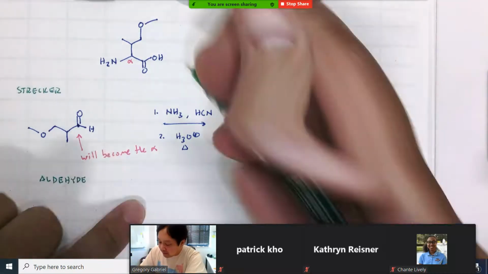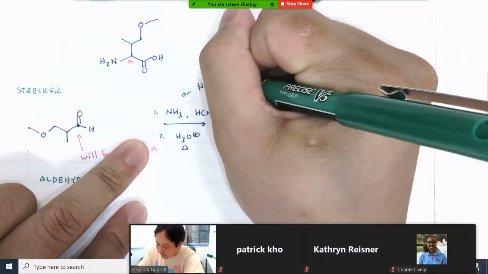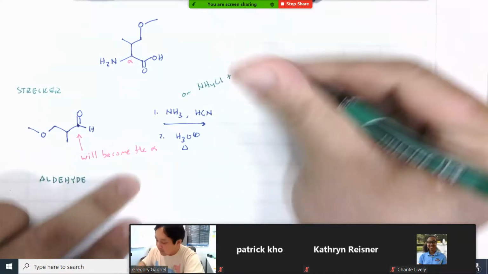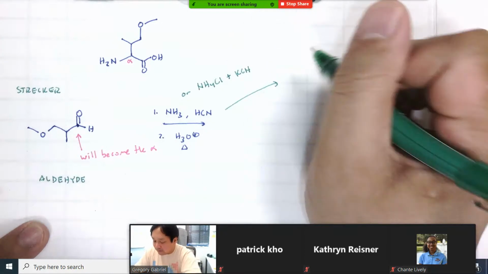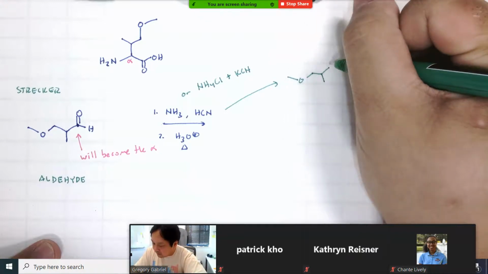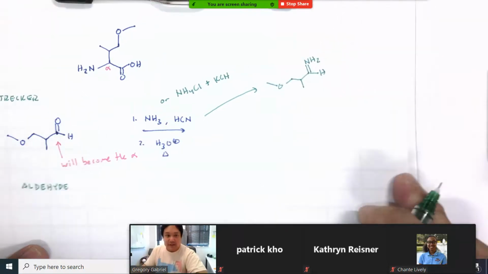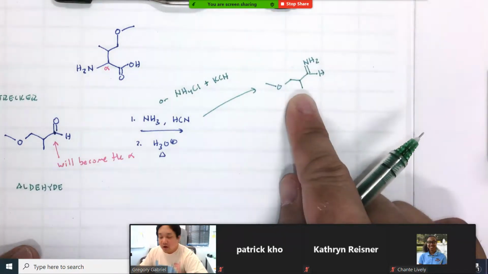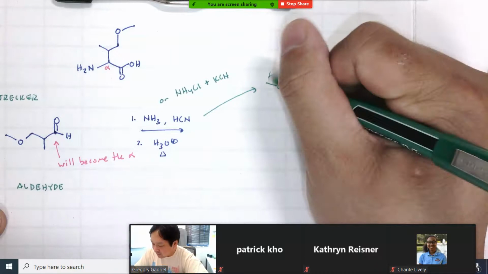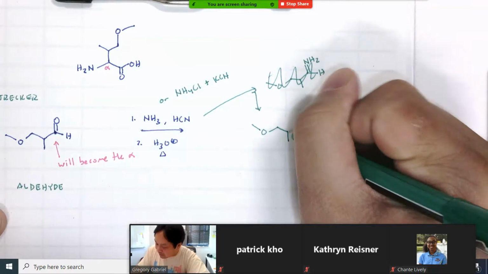But what's happening here? Let me put here, just in case you see it on the exam, NH4Cl plus KCN. What you're making here in the first reaction is the imine, NH2, oh, no, we have CN. The CN has to attack also. We actually get a lot accomplished in the first reaction.